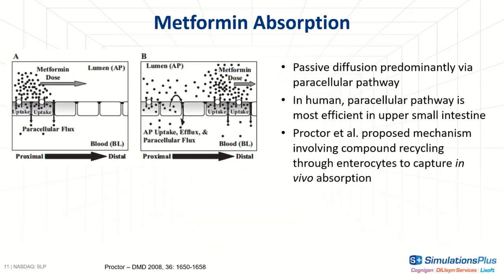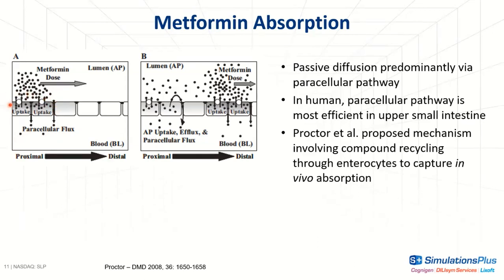This is something that could be explained by the mechanisms for the metformin absorption. And there might still be some discussion about the exact mechanisms. One of them was highlighted in this study about 15 years ago, where the authors proposed that the actual effective absorption, or the pathway by which the metformin makes it into the portal vein and systemic circulation, is only the paracellular pathway.